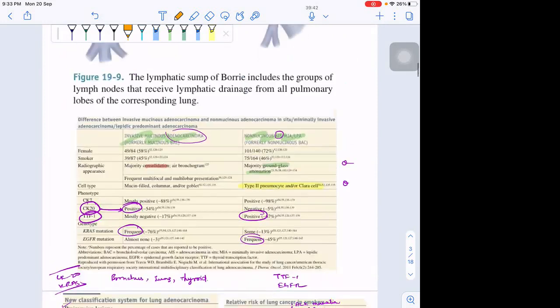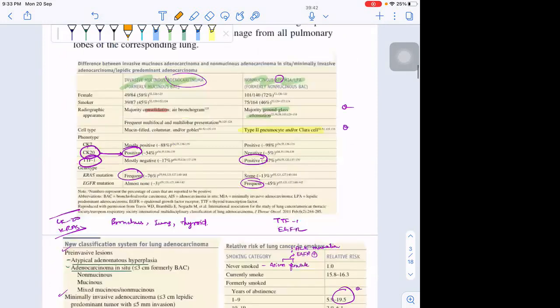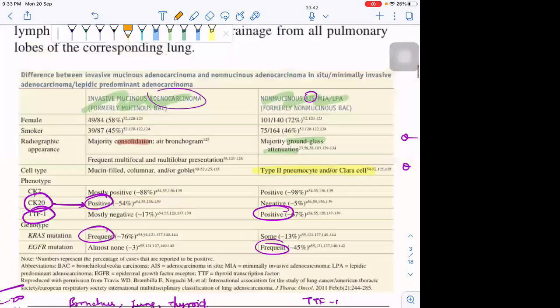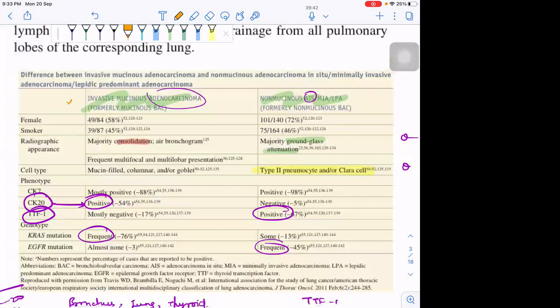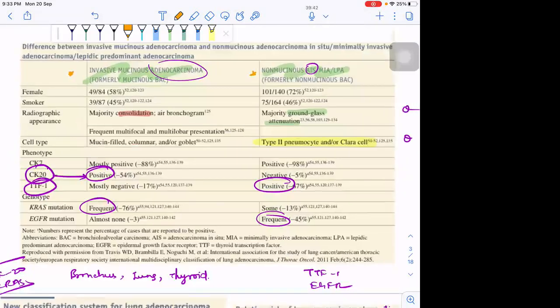Next, this is the difference between invasive mucinous adenocarcinoma and non-invasive adenocarcinoma, that is, mucinous and non-mucinous.